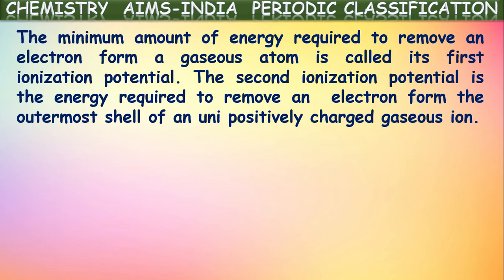Now, if you want to remove a second electron from that, the amount of energy required for the removal of an electron from that unipositive gaseous ion is called second ionization potential. And then if you remove a third electron, that is defined as the minimum amount of energy required to remove an electron from the isolated dipositive gaseous ion, called third ionization potential, and so on. Got it? So it can be expressed like the second ionization potential.